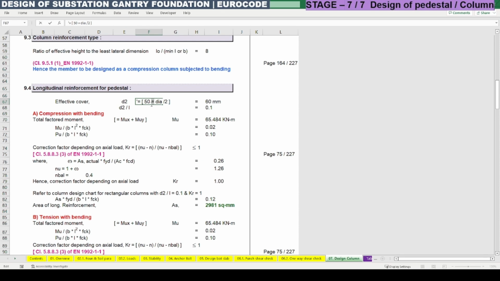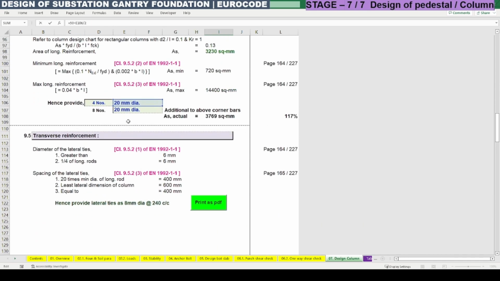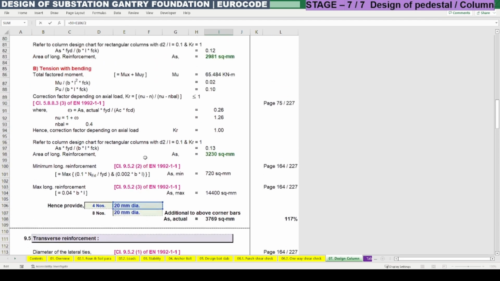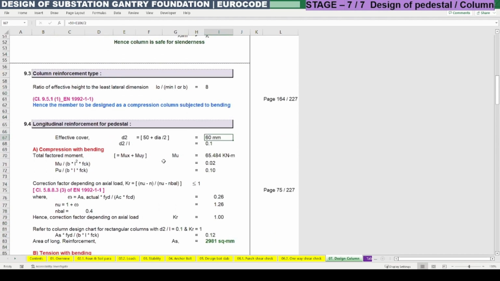Why it is coming as 60 is we have assumed the diameter of the main reinforcement here is 20 mm. So that 50 plus 10, it is 60 mm. Now the cross sectional size we know it is 600 mm. So that 60 divided by 600 mm we are getting 0.1, that is d2, effective cover divided by the column size. So this is required in order to find the reinforcement from the chart.